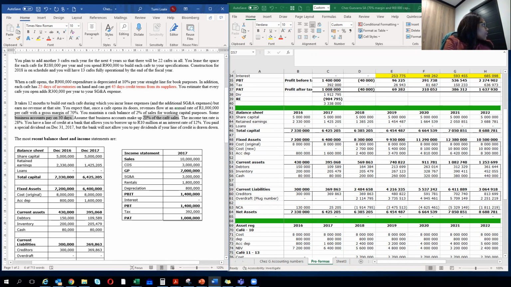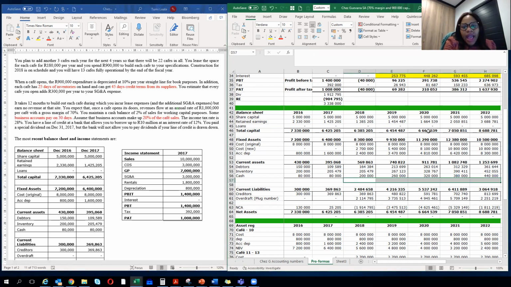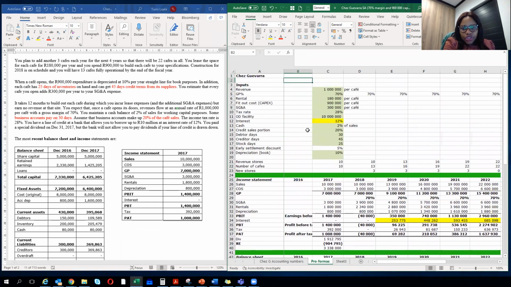So I'm going to highlight that in red. Okay, remember, I had actually laid this out quite nicely here at the top at the beginning. So here, I put our credit sales 20%, debtors days were 30, creditors days were 45, stock days were 45.